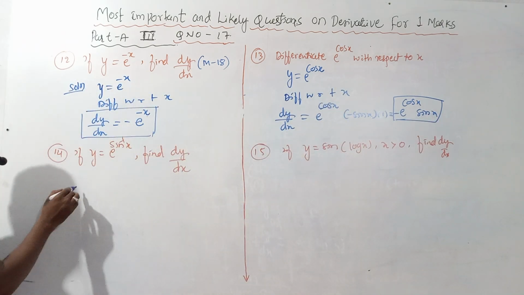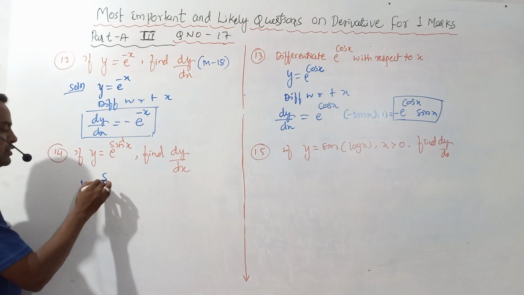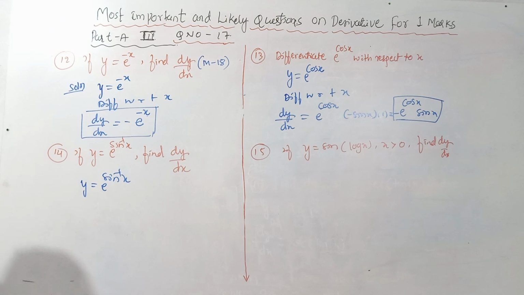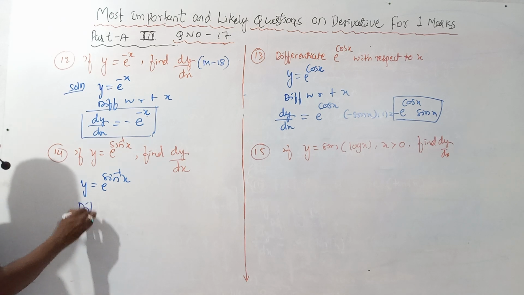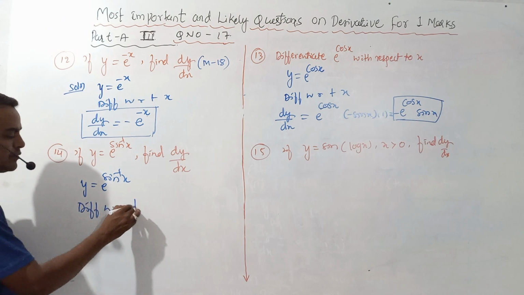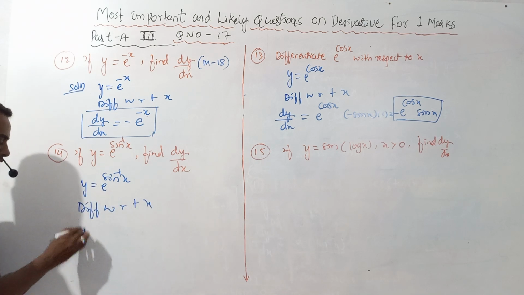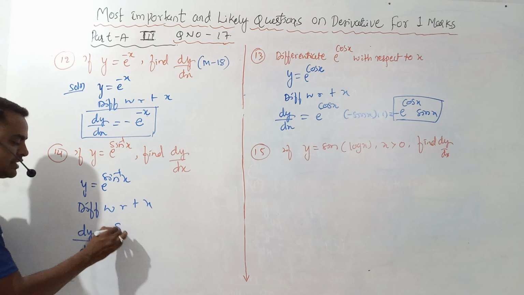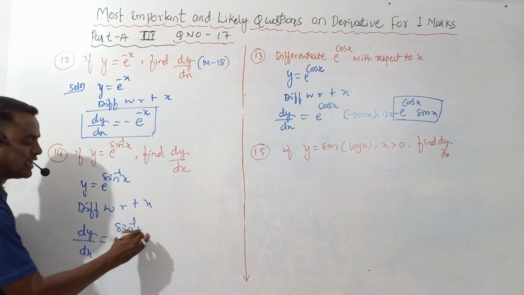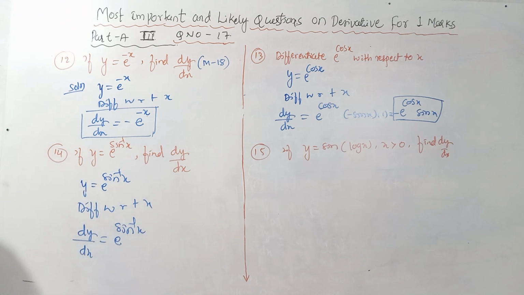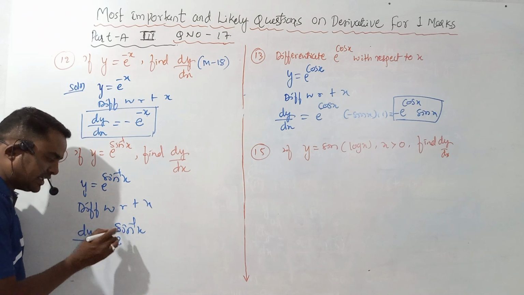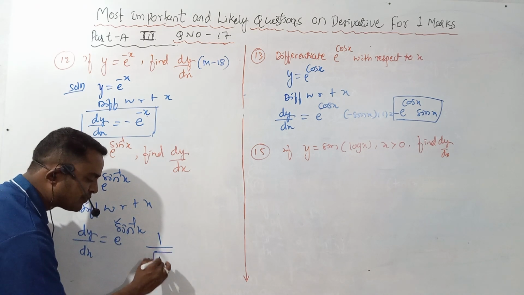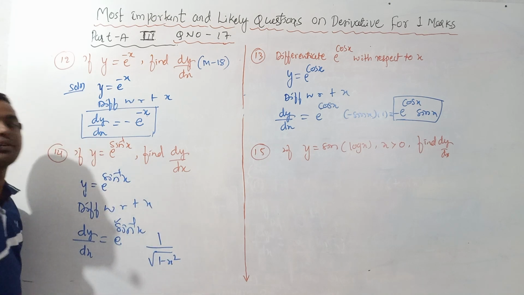Now this one: y is equal to e raised to sin inverse x. Differentiate with respect to x. Derivative of y, dy by dx. Derivative of e raised to x is e raised to x. Instead of x, sin inverse x is there. So keep sin inverse x as it is. Now derivative of sin inverse x is 1 divided by root of 1 minus x square, not plus.